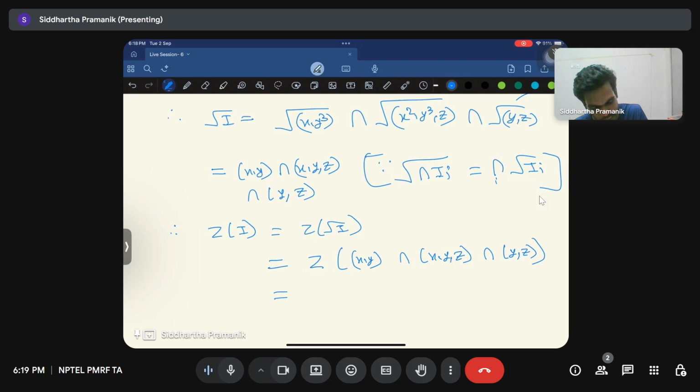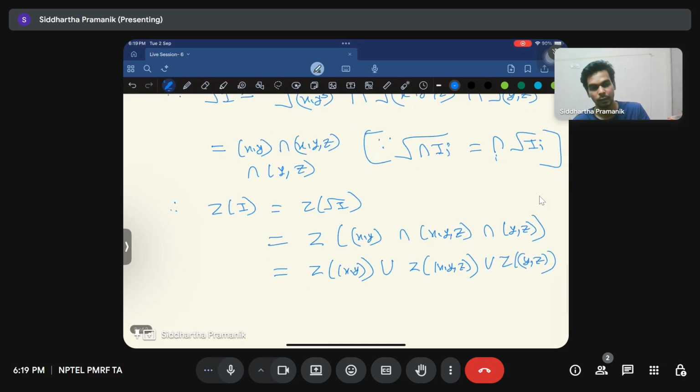So this is basically Z of the ideal (x, y) union Z of (x, y, z) union Z of (y, z). So (x, y) and (y, z) are prime ideals, so these zero sets are already irreducible. This is also irreducible.